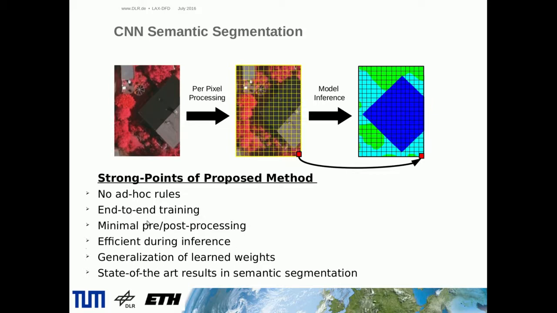And this is very, very beneficial. Of course, there's minimal pre and post processing, or we can even completely skip these steps. Generally, these systems are very slow during training, but during inference, which means prediction, they're very, very efficient and very fast.